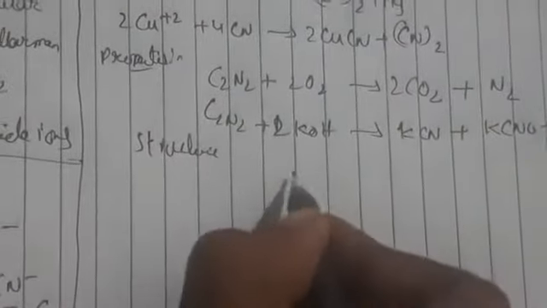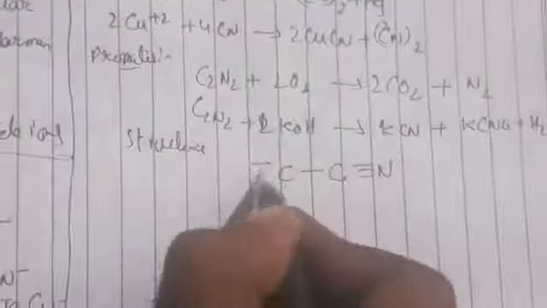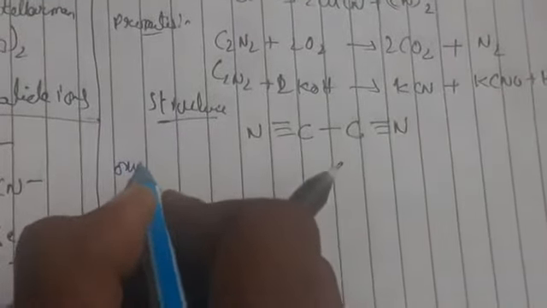The structure is N triple bond C, single bond C triple bond N. So these are the preparation, properties and structure. Next, let us see oxycyanogen.